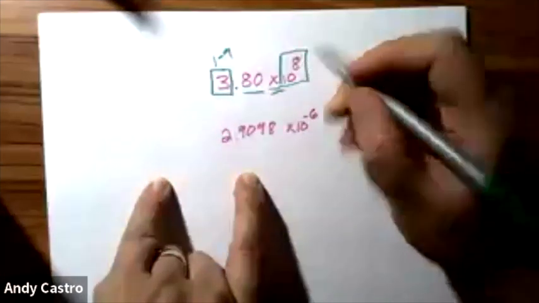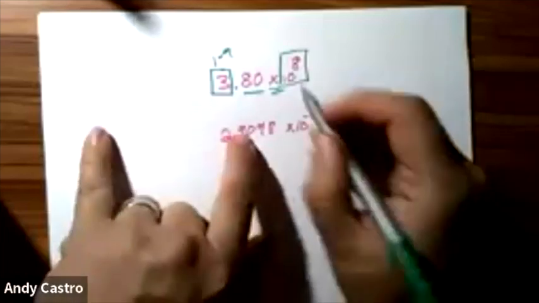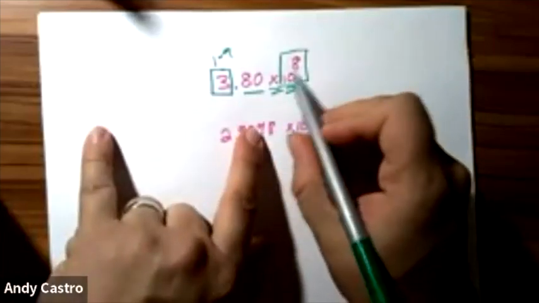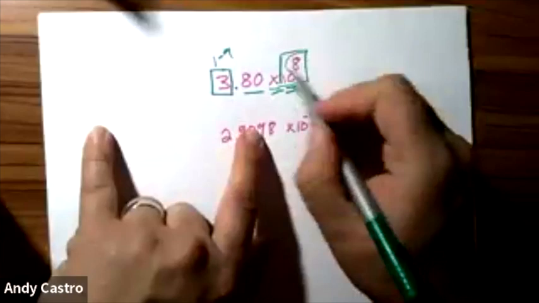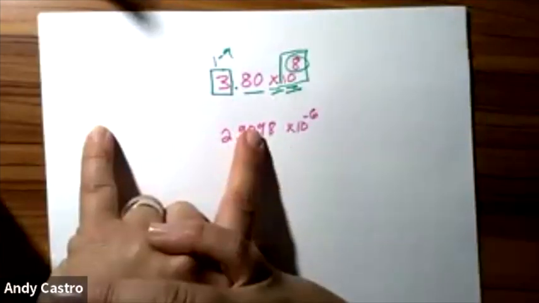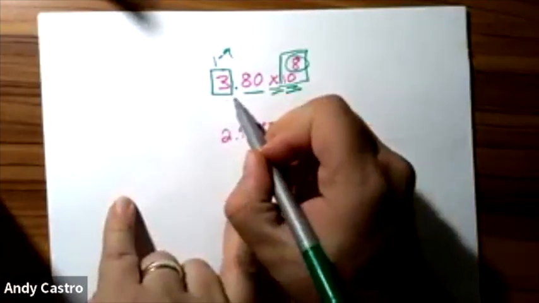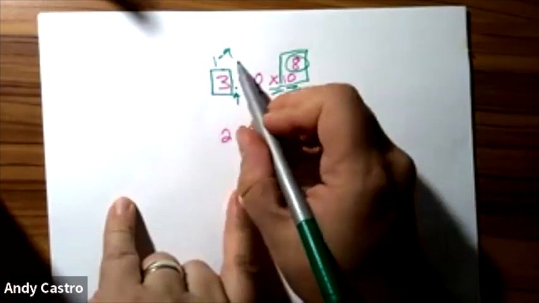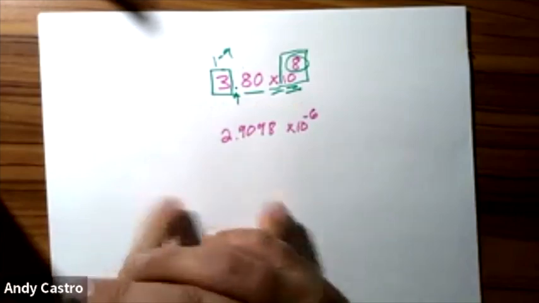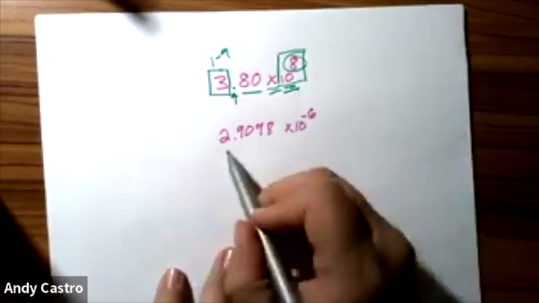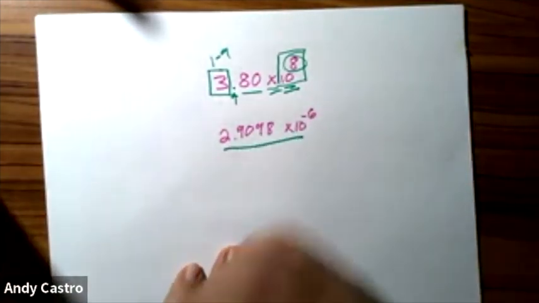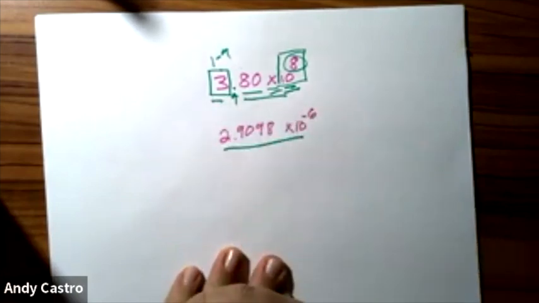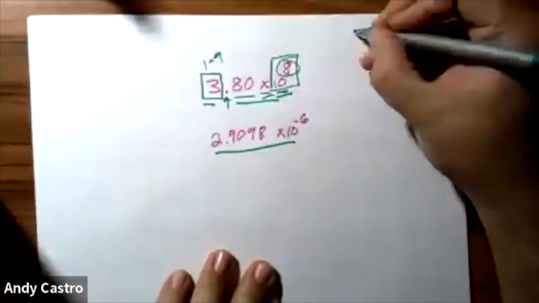In order for this to be scientific notation, we have to multiply it by a base 10, and there has to be an exponent. And there can only be one number to the left of the decimal, and that number has to be 1 to 9. It can't be a 0. So this number right here is in scientific notation, and this number right here is in scientific notation.